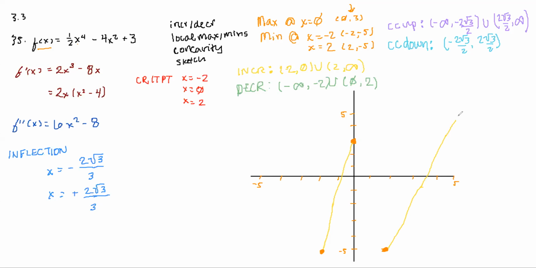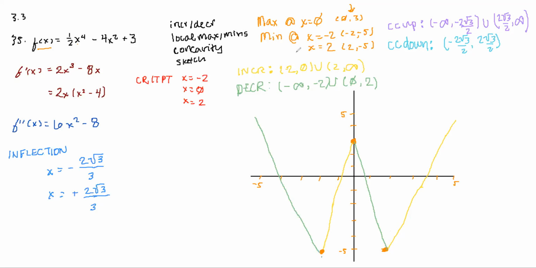This doesn't look exactly right now, but I do know that I'm increasing and I'm getting a general shape. I know that I'm decreasing, my function is getting smaller as the x value gets larger, between -infinity and -2, and between 0 and 2. So now we can kind of see what the shape is, but we're missing the concavity.